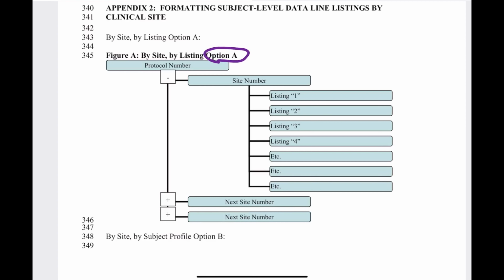So for example, you will have your protocol number, and then the second level bookmark is the site, your site number. Within that, you have all the 10 category listings here. So you can see this kind of structure is very straightforward.